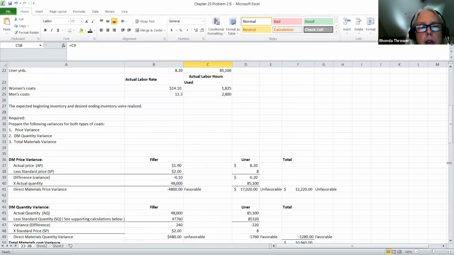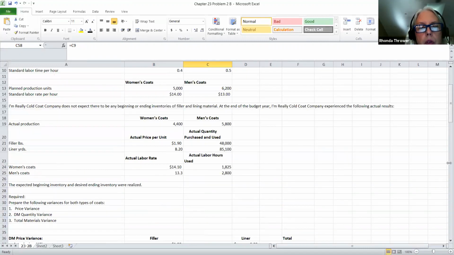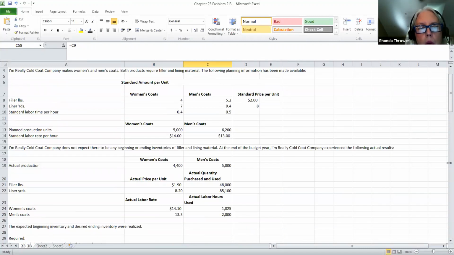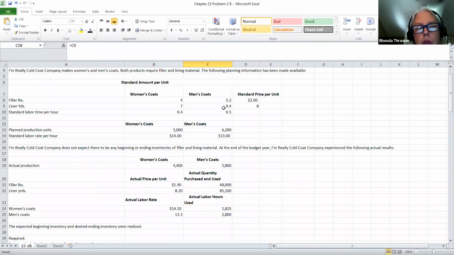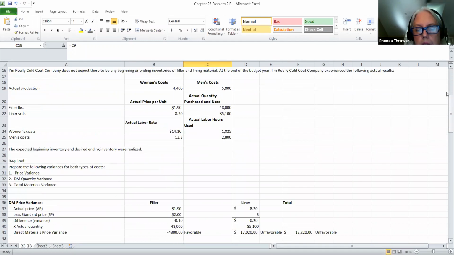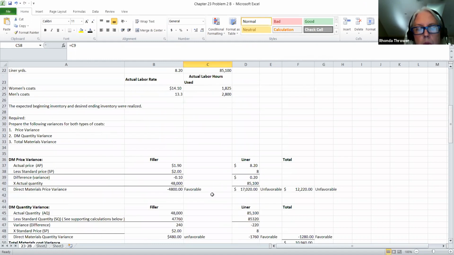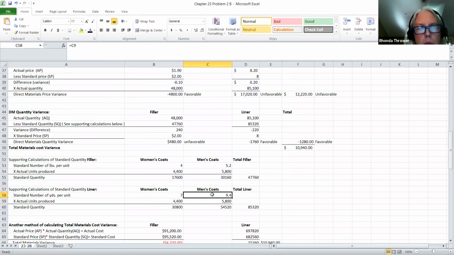Your standard amount for women's coats is 7, but we're doing the one for men's. So we're going to look at the standard amount of liner for men's coats, 9.4 yards.